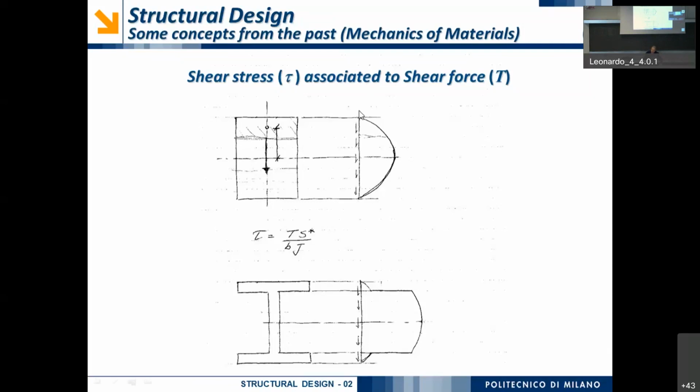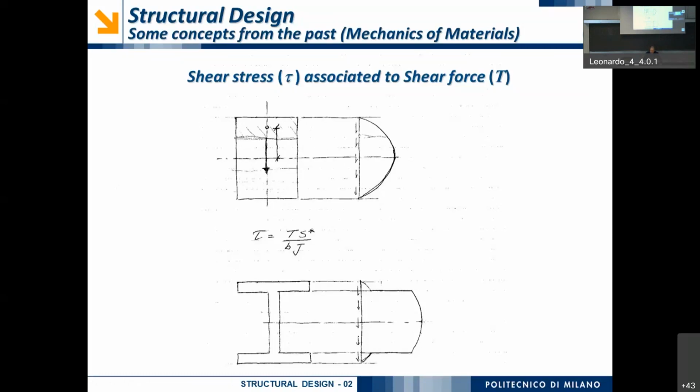So, when we are dealing with a rectangular cross-section, what do we expect? We expect that when we are at the upper bound of the cross-section, since the area above is 0, or if you prefer, the area below is equal to the area of the entire cross-section, in both cases the static moment is 0.